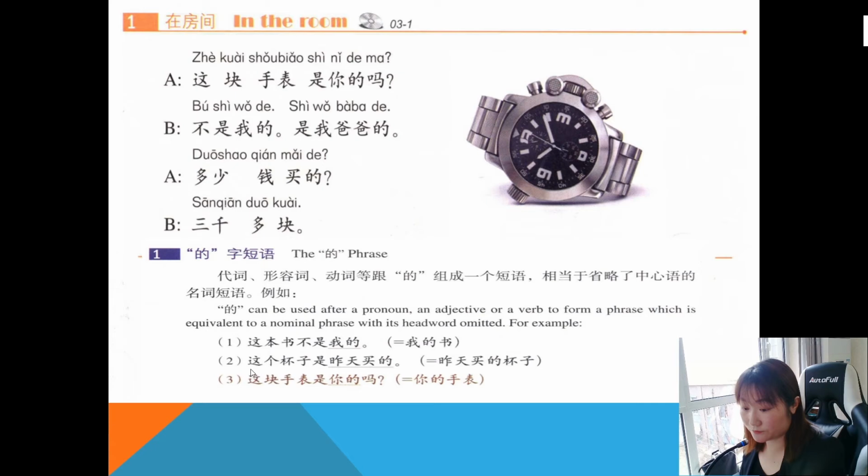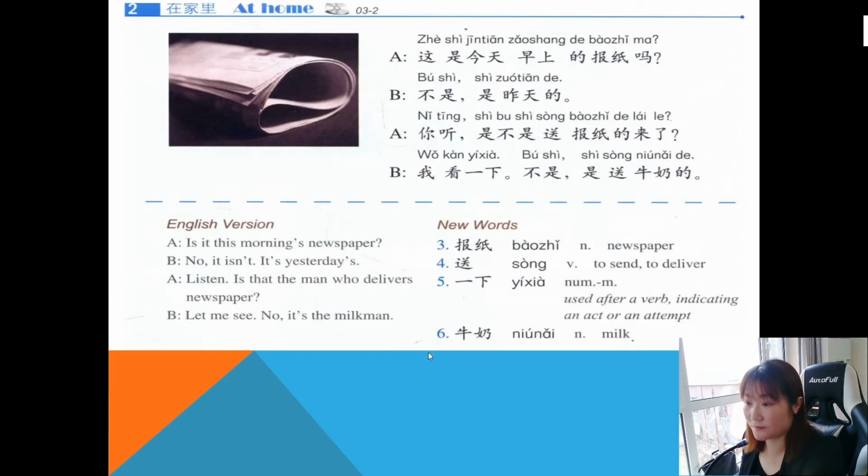Okay, number 2, 这个杯子是昨天买的. Next, 这块手表是你的吗, so here we delete 手表 because you mentioned 这块手表 already, right?